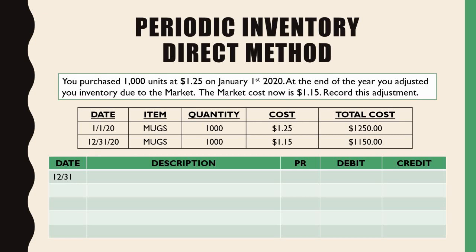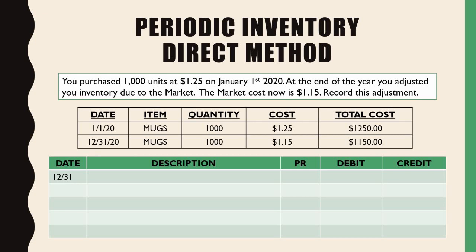The cost of the ceramic coffee mugs dropped significantly, maybe due to low production, low materials. The cost of materials became cheaper. Whatever reason that it became lower, it is now $1.15. So therefore, the amount that I have now is $11.50.